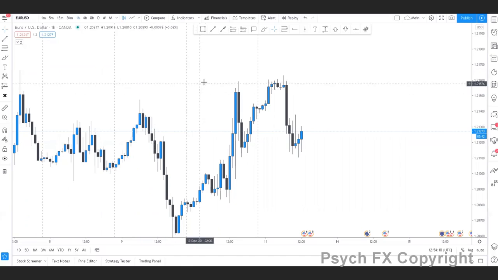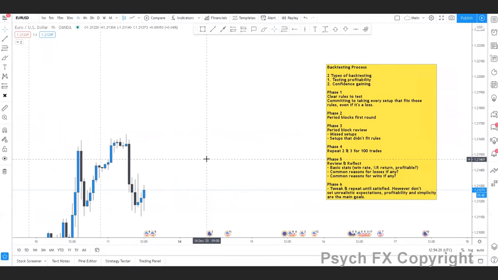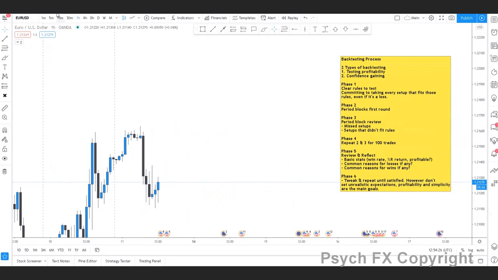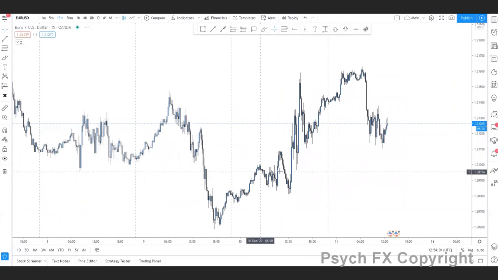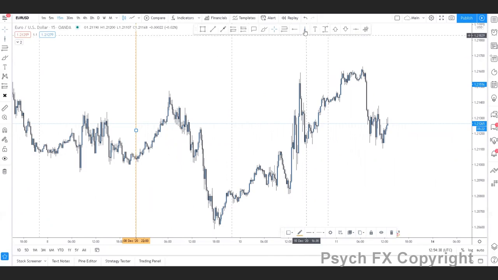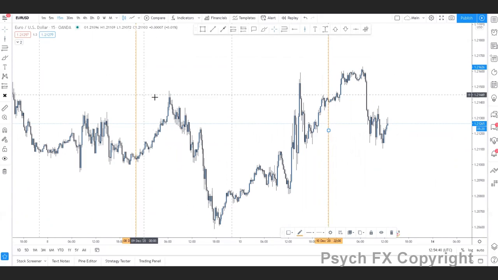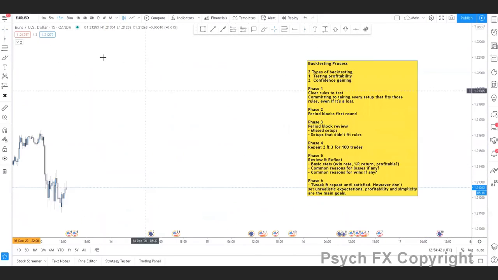A period block can either be literally every 10 or 20 trades, or it can be a certain time period. For example, if we were on the 15-minute time frame, we could say every 2 calendar days, from here to here, that is going to be our period.